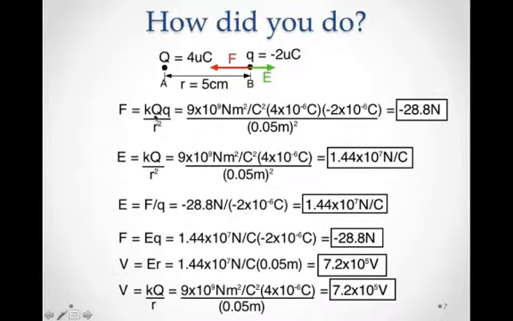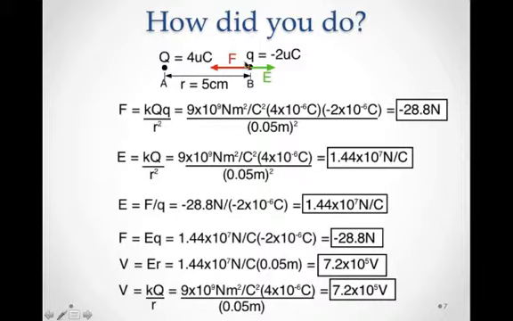And then the distance between them is 5 centimeters, so we have to remember to convert from centimeters to meters, and then square that as well. Once we get done plugging all this in, we should have an answer of negative 28.8 newtons because of the negative charge. So the negative simply means the force is in the opposite direction to the electric field.